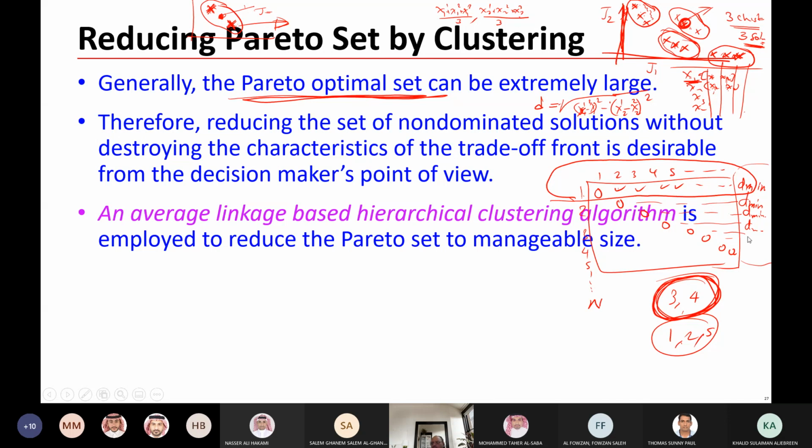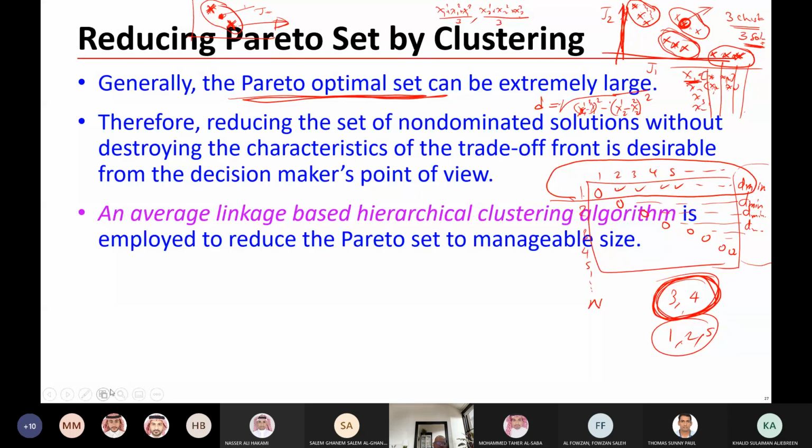Okay, and then again you calculate the minimum, get the minimum of the minimum, and combine 1 and 2, for example. So you have now the number of clusters lowered by 1, and you repeat this again and again until you have 3 clusters only. Once you have 3 clusters, then you can select a solution which is the nearest to the average of each cluster.